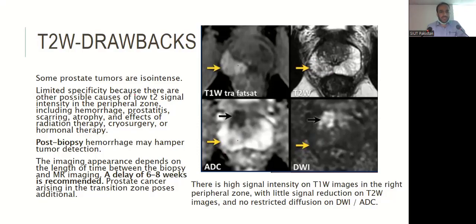So there is limited specificity because there are other possible causes of low T2 signal, including hemorrhage, prostatitis, scarring, atrophy, and the effect of radiation therapy, cryosurgery, or hormonal therapy.